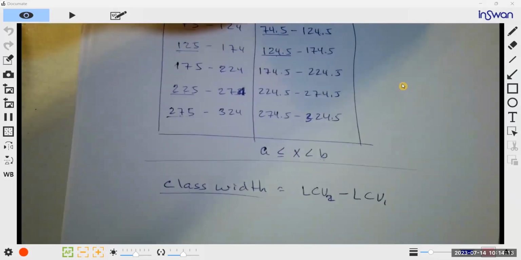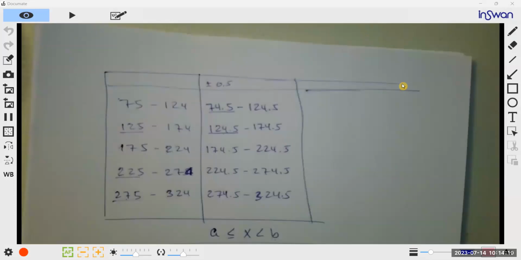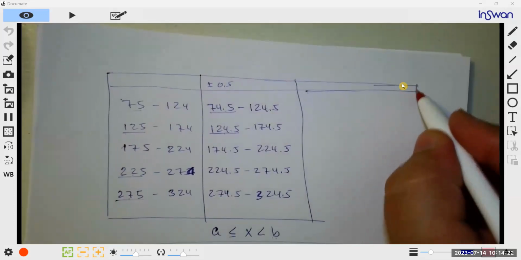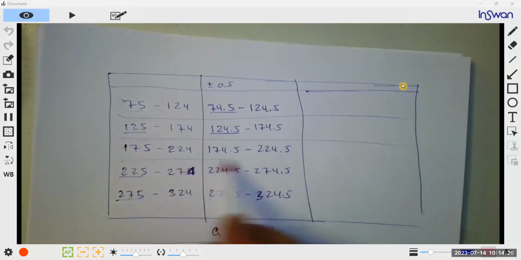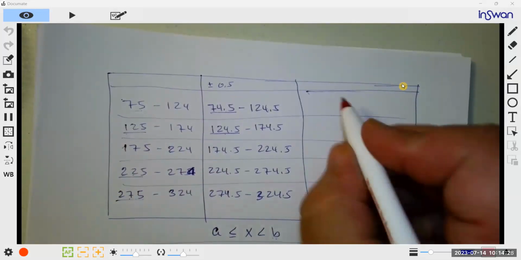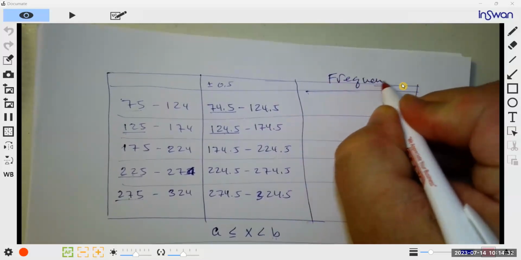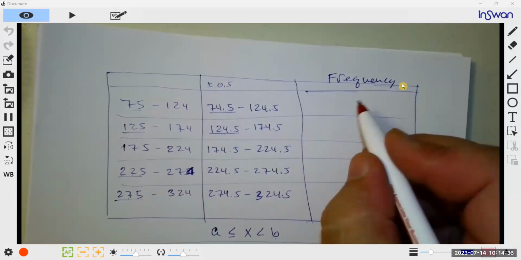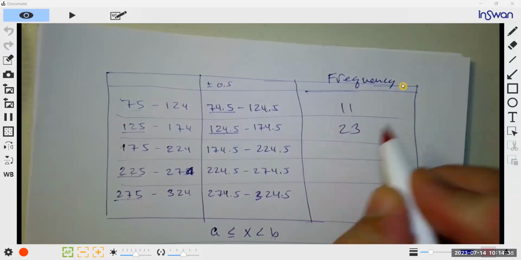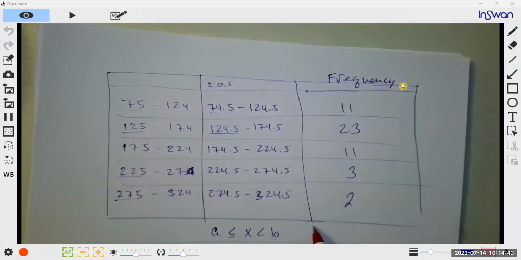All right, so that's what we use to create our frequency chart, because now we know in each one of our classes how many we have. This is our frequency. We have 11, 23, 11, 3, and 2.